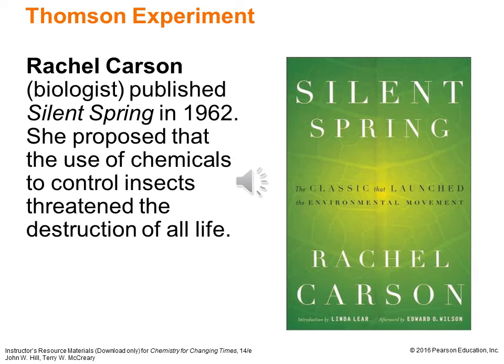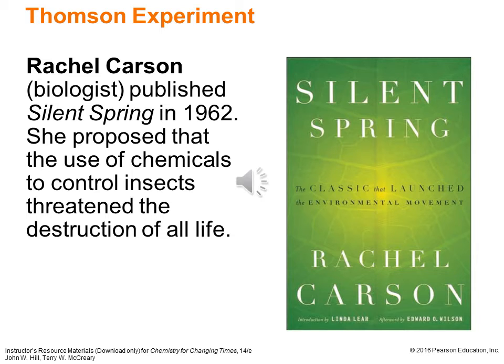And so now we've talked about a philosopher. Let's talk about one of our fellow scientists, Rachel Carson, a biologist, an environmental biologist, who published the groundbreaking work Silent Spring in 1962. And that really, as our image there shows, it's the classic that launched the environmental movement.